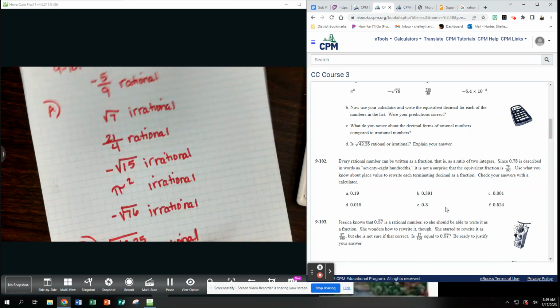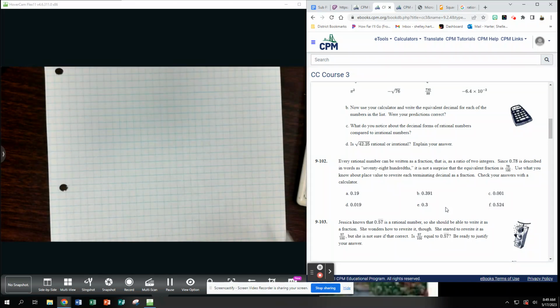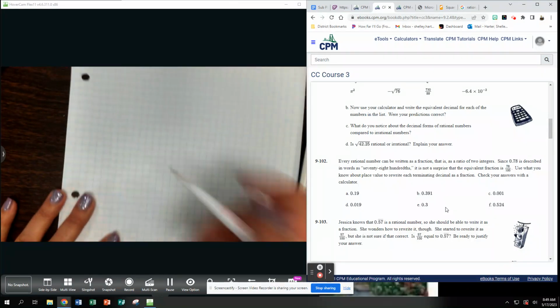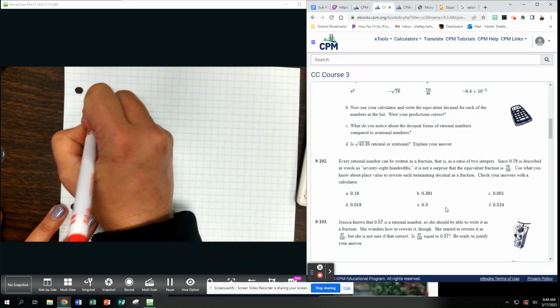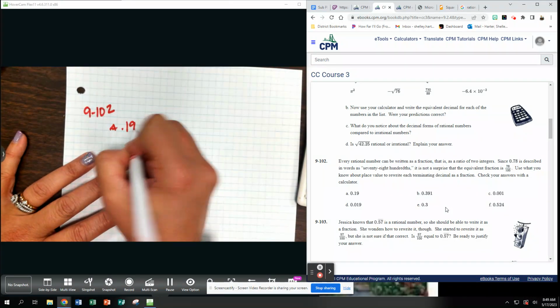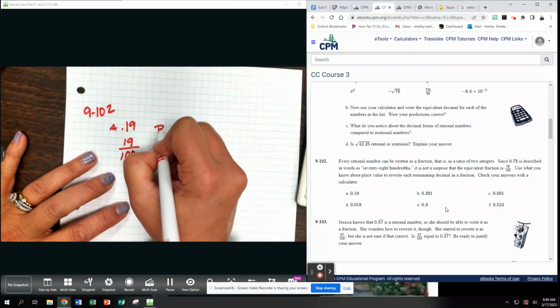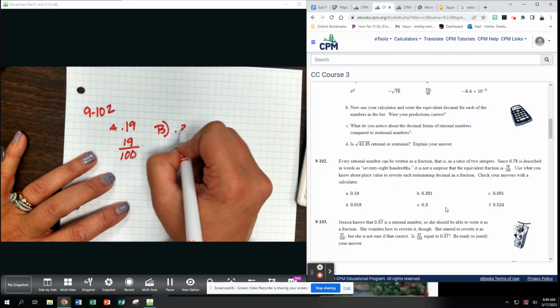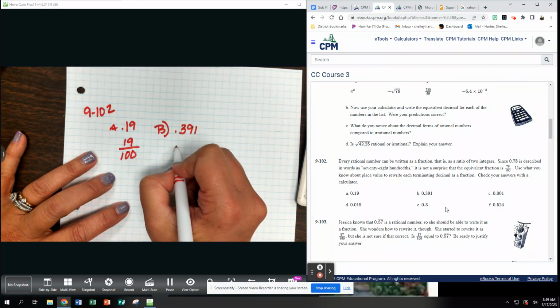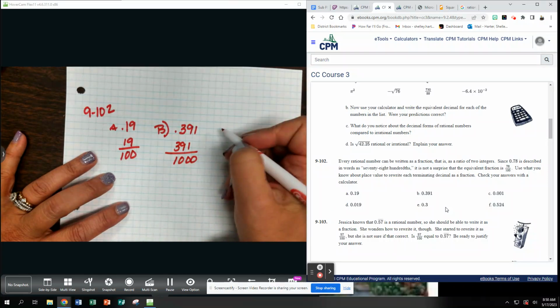So we're going to rewrite these in fraction form to make sure we can. 9-102, A is 0.19. It also is 19 hundredths. B is 0.391. So it's going to be 391 over 1,000.